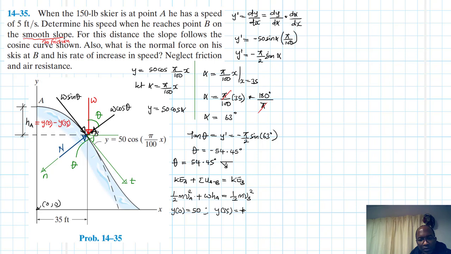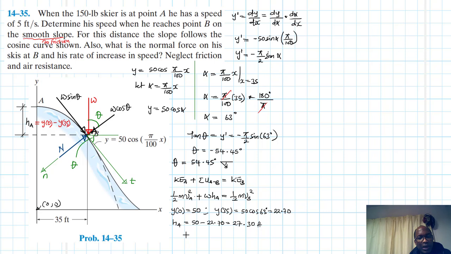So that one just becomes 50 cos 63 degrees, and this is just equal to 22.70, and therefore our HA is just equal to 50 minus 22.70, and this gives us 27.30 feet. All right, so we have this one.